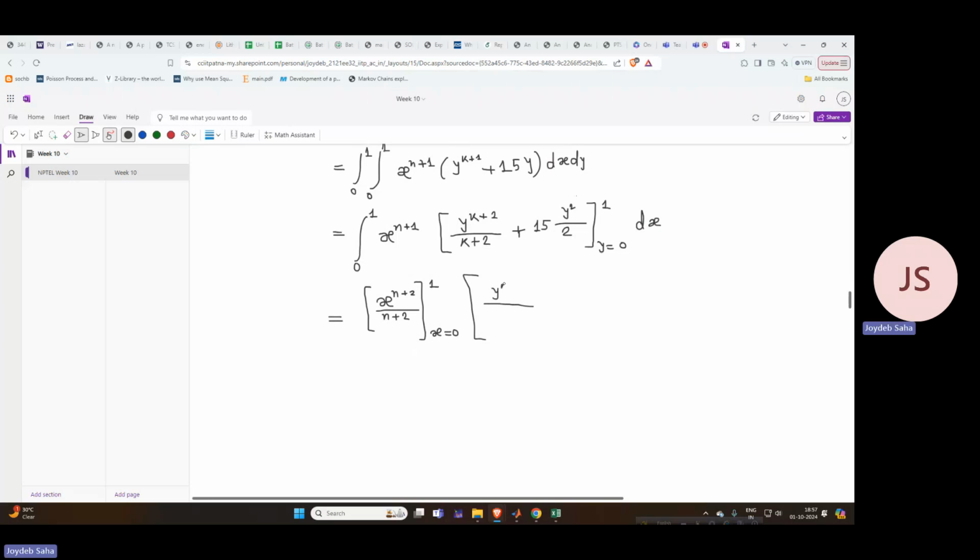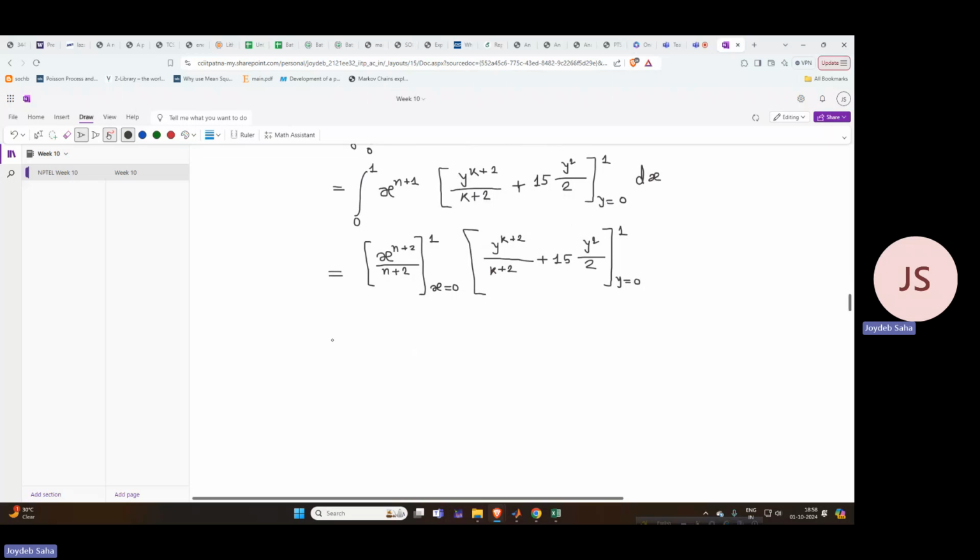This is y to the power k plus 2 divided by k plus 2 plus 15 multiplied with y squared by 2, y is equal to 0 to 1. Okay.